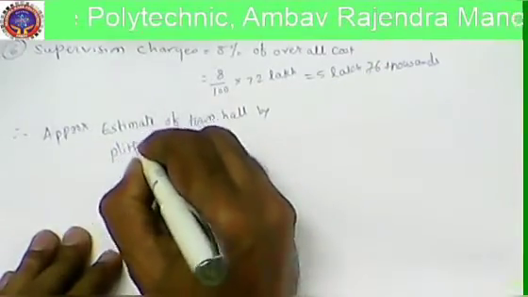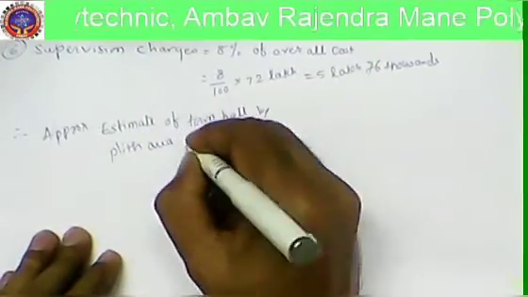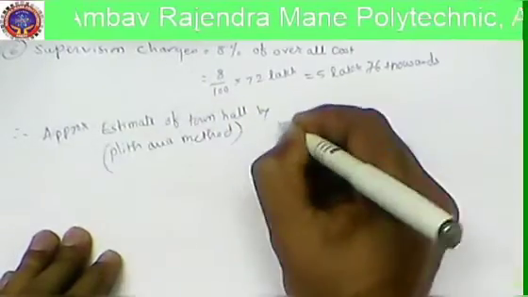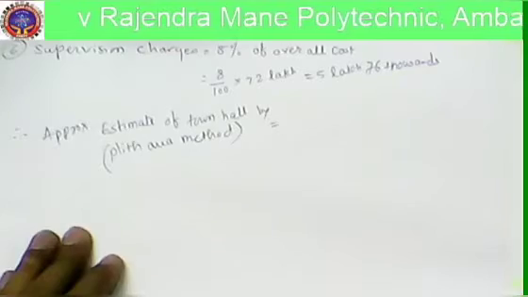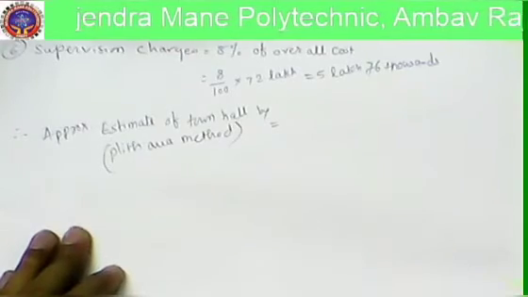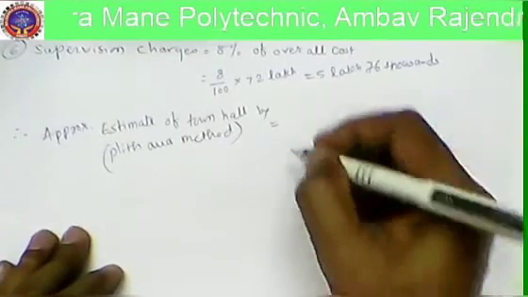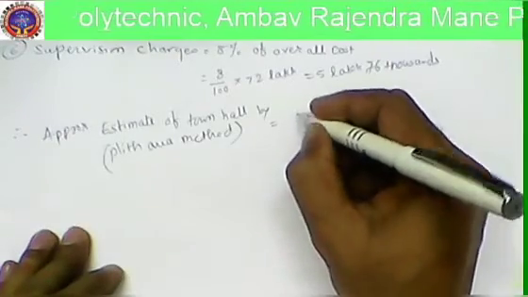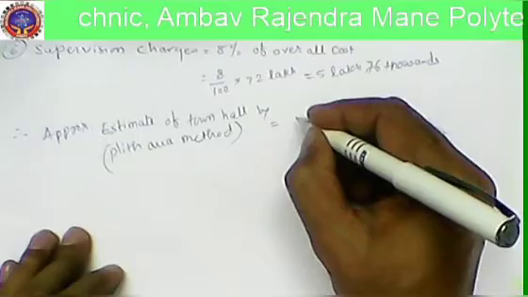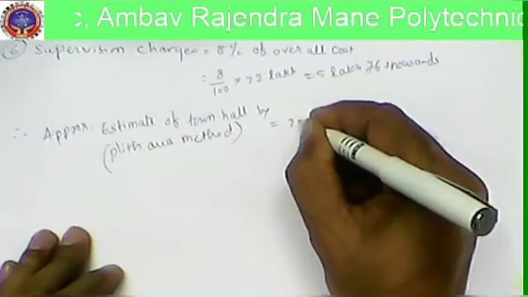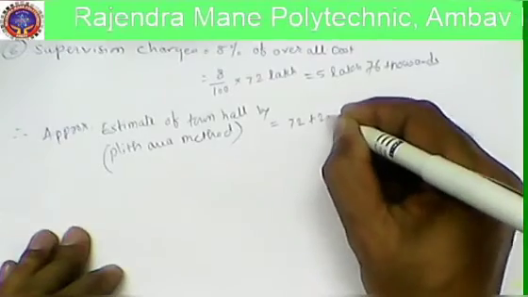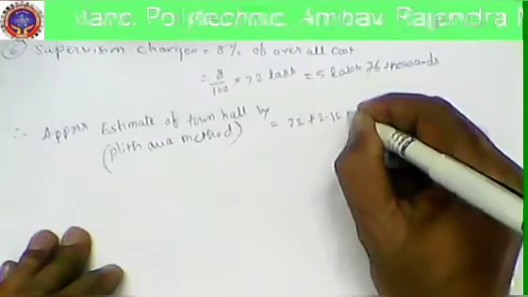The plinth area rate is 4,000 per square meter. Water supply and sanitary installation 5% of cost of building. Electric installation 10% of cost of building. Other services 5% of.